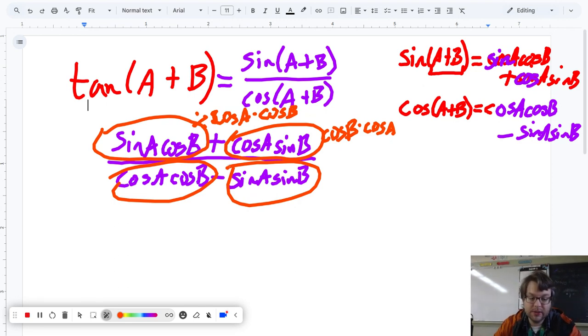I'm going to write everything out. It's going to look disgusting, but then you're going to see how this gets a lot better.